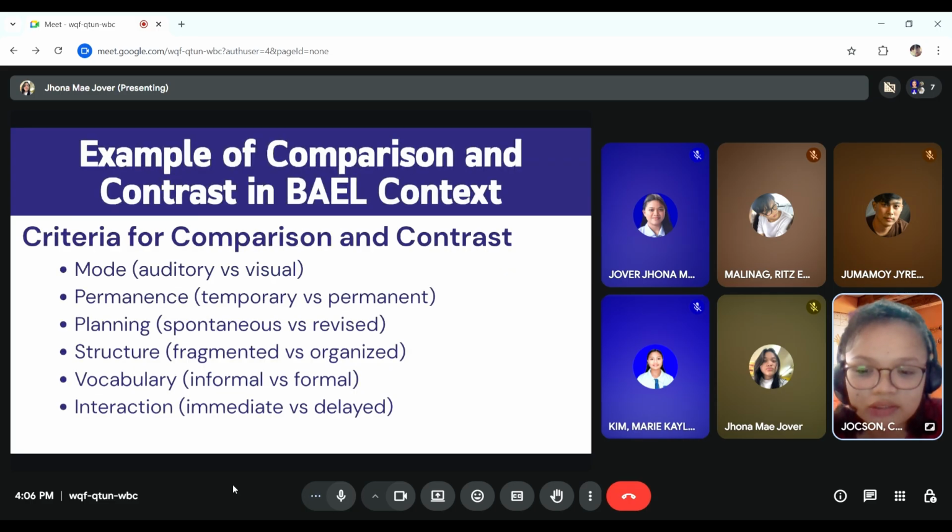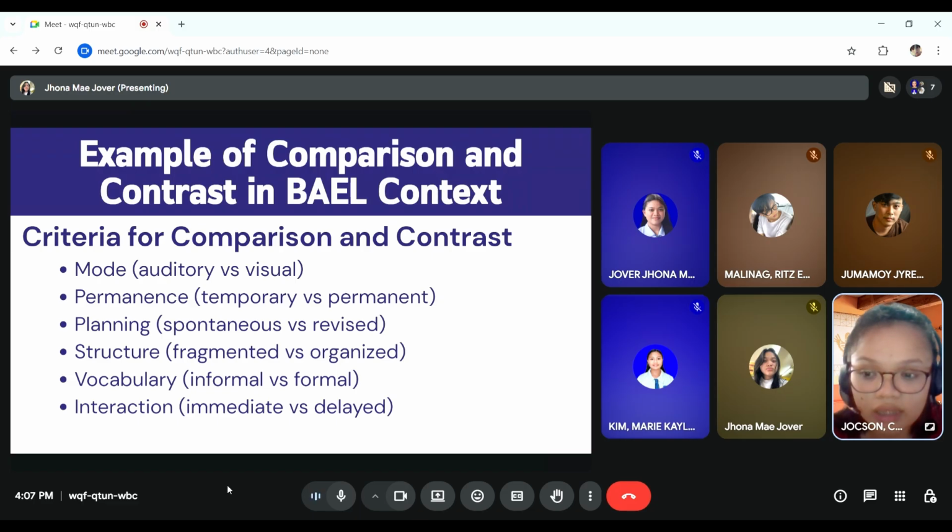All right. So the presentation, of course, selects spoken and written language. Because of that, we have here already pointed out the different criteria for our spoken and written language. So we have here mode, permanence, planning, structure, vocabulary, and interaction.